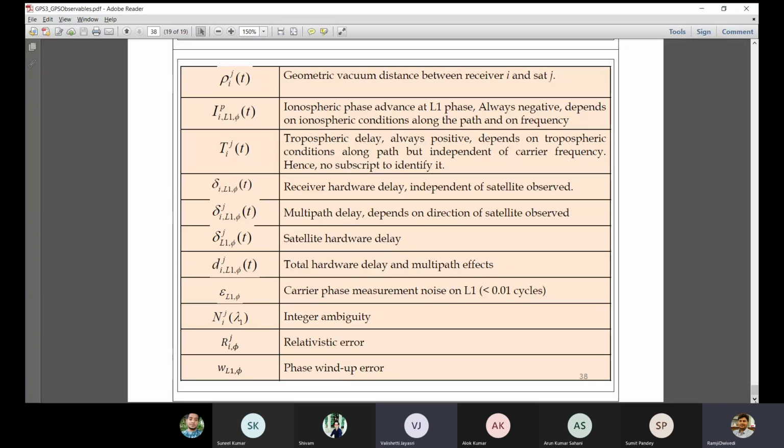And the ambiguity term is always there because it is part of the carrier phase observable, since the initial integer number of carrier phase cycles is unknown to us. That becomes the ambiguity, which we consider as an additional unknown so that we can compute it. With this, this particular component ends here.